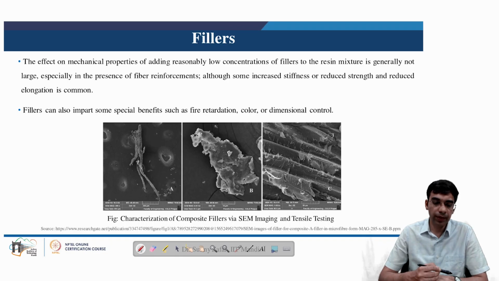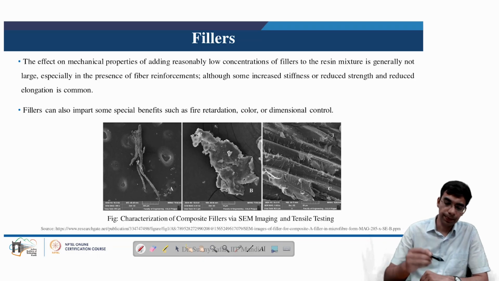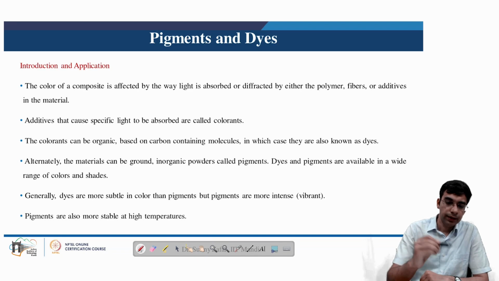Fillers can also impart special benefits such as fire retardancy, color or dimensional control. Here we can see the addition of various types of fillers in a scanning electron microscope image, and we can see how, after the tensile test, the different fillers are stuck around the fibers.